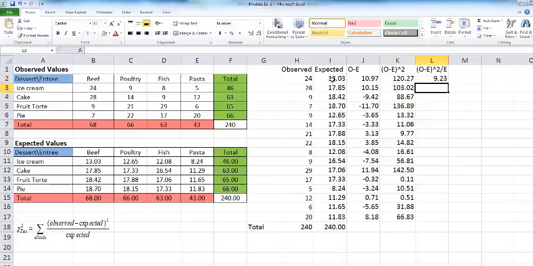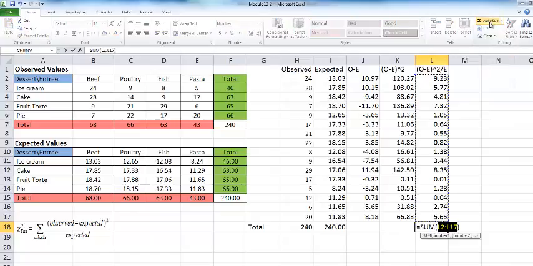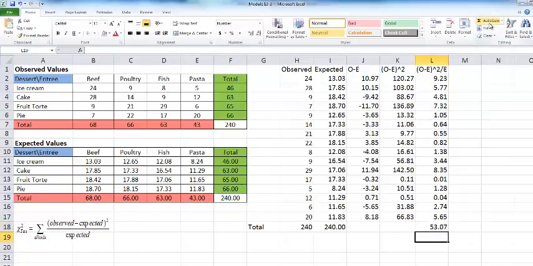Hit enter and then copy this to the end, and then for the test value take the total of this number, so 53.07. So let me put here test value, and I need the critical value.